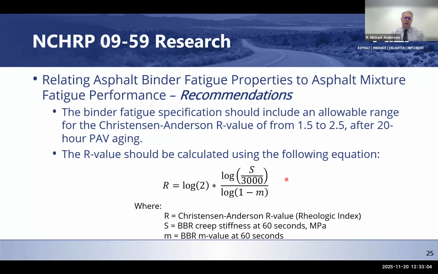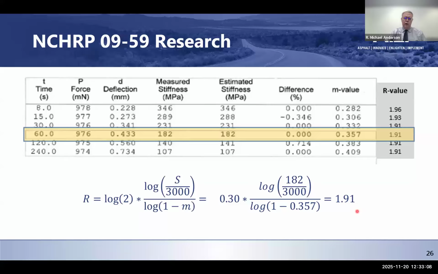I can tell you that one of the things we looked at when we were looking at this definition of R value was to get a consistent response. The best way of doing it would be to get it at the specification grade temperature.